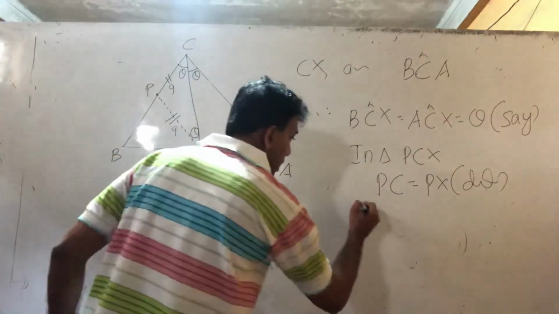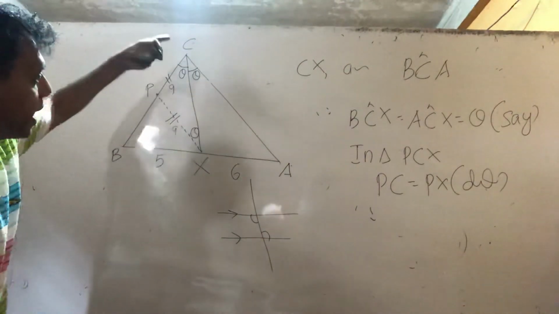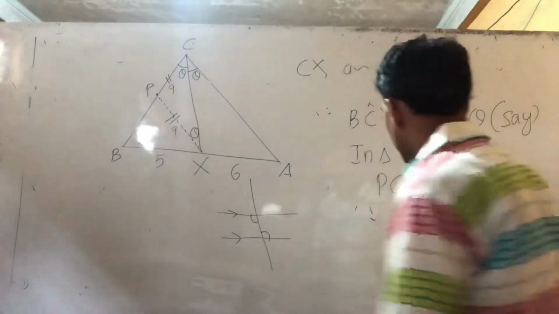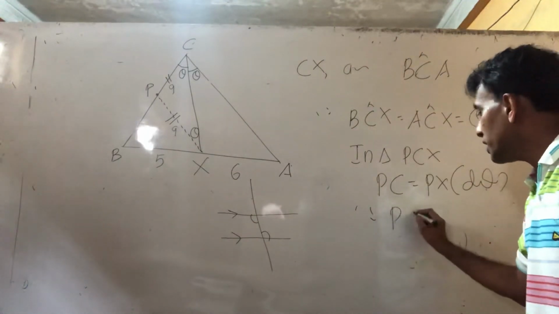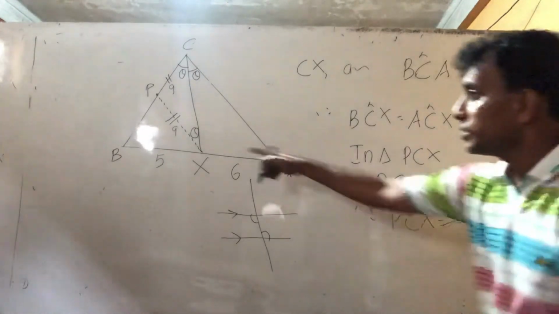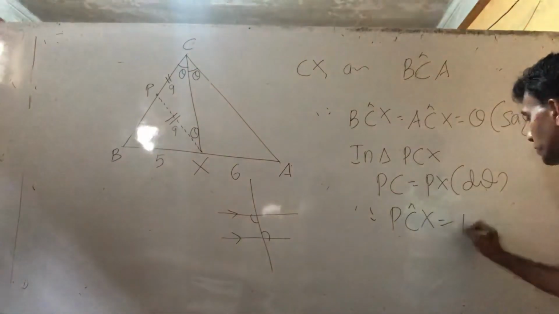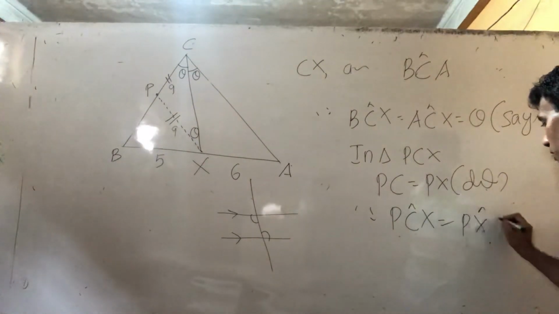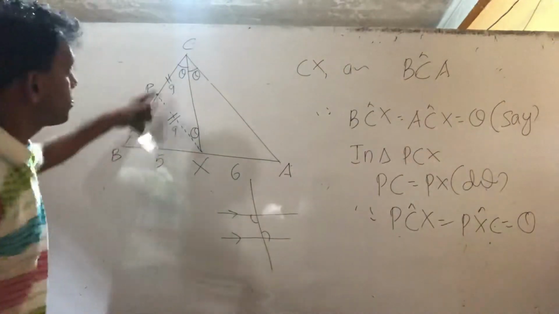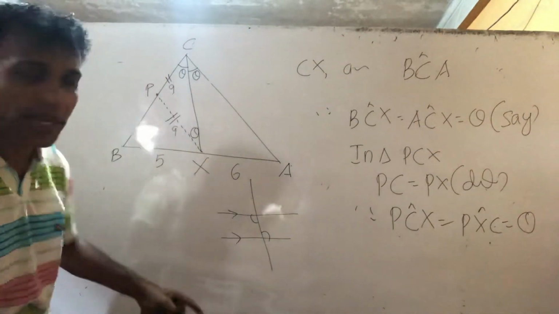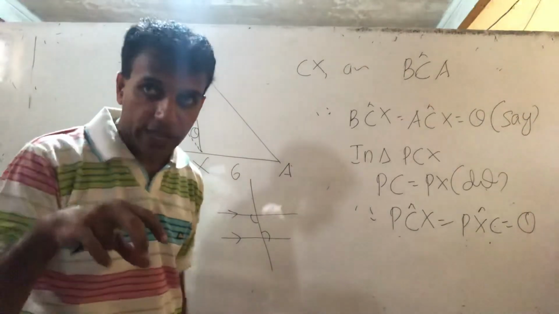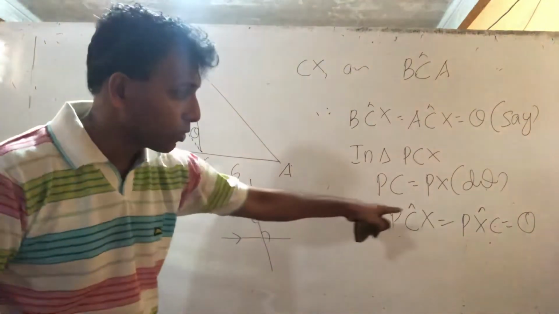Therefore angle PCX equals angle PXC, that also theta. So PCX and BCX are the same, since C is the vertex of the angle. That also theta.